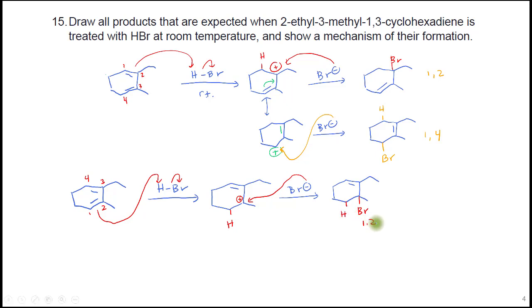Give us the 1,2 product, and of course we have this resonance stabilized product. And the other one for product.